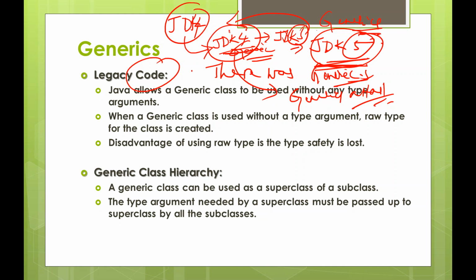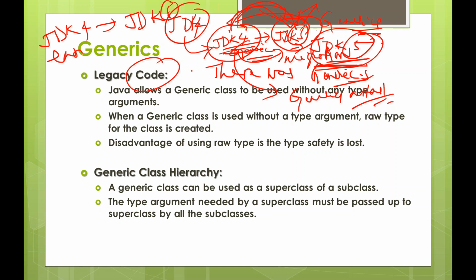But if you want to move non-generic code to generic code, that compatibility should be there, right? That is what is achieved. The implementation of JDK 5 took care of that migration part as well, so that the transition from JDK 4 to JDK 5 is easier.